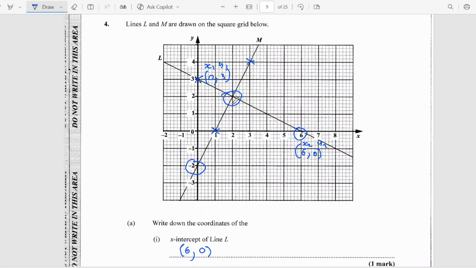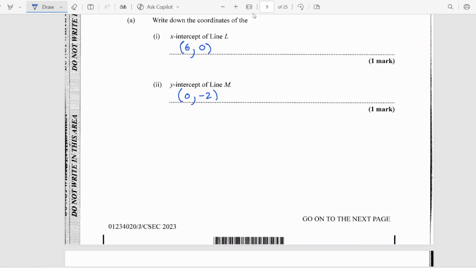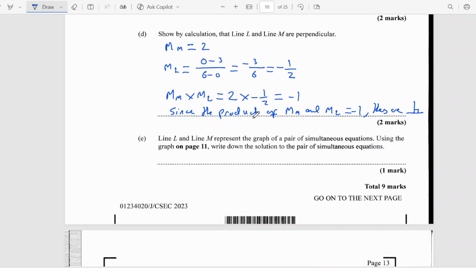You come down, where's the x value? 2. And where's the y value? 2. So the answer for this is 2, 2. Where the two lines meet, that is it.